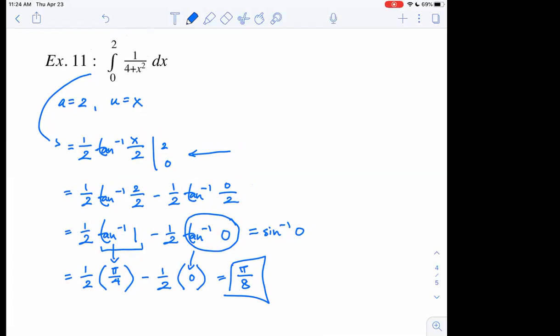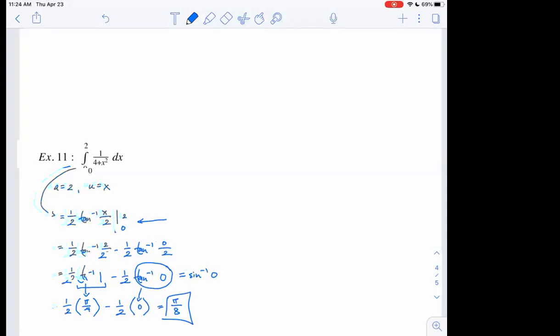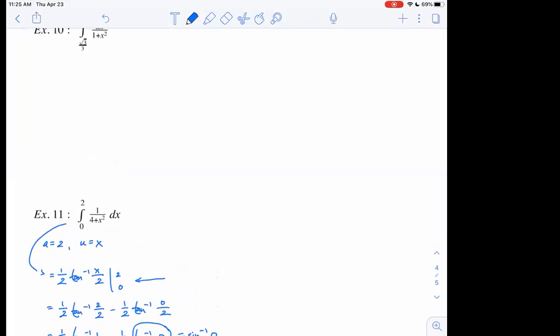Yes, Professor. Can you hear me? Yes. So after you have there a equals 2 and u equals x, the line below it, that 1/2, where did that come from? Oh, okay. Let me write the formula. So this is going to lead us to the arctan formula, which is 1 over a arctan of u over a.